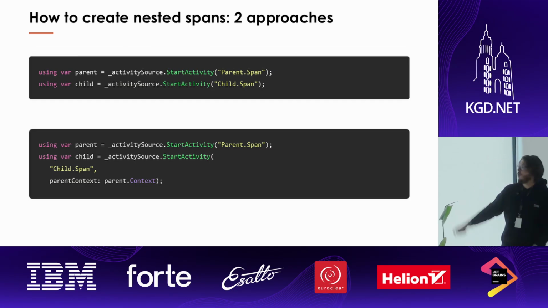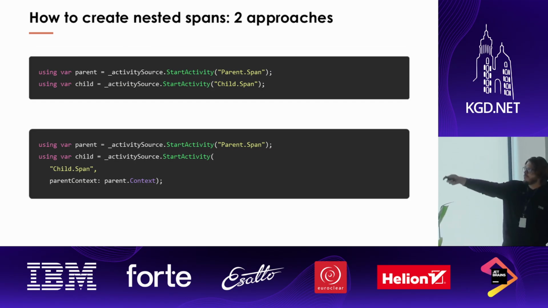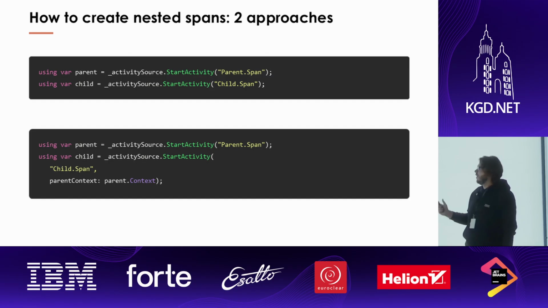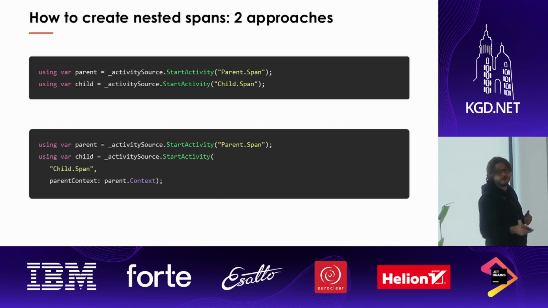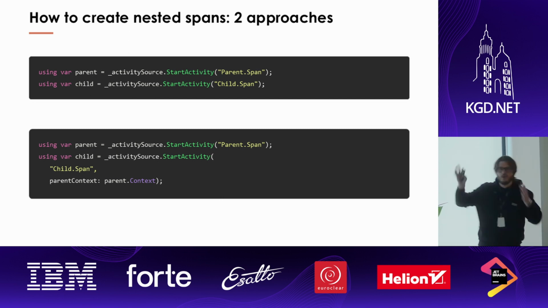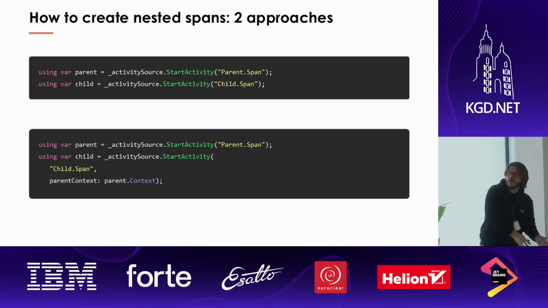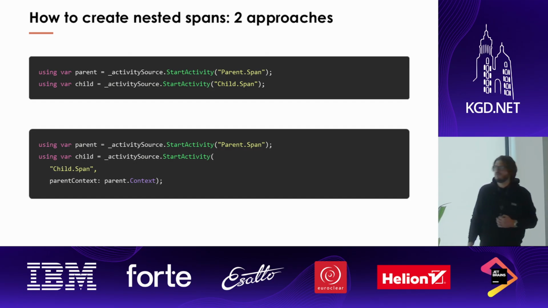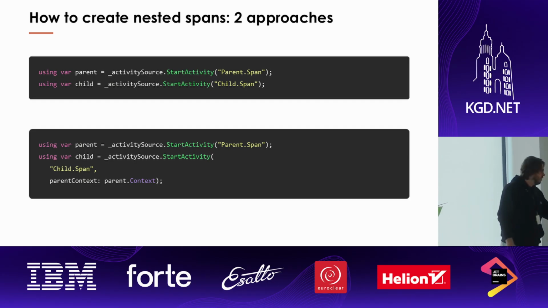First, you can create the parent activity first, and then inside the using of the parent, you can create a child one. And the .NET library will automatically understand that one of them is a child of the other. Or you can do it manually if you want, but I don't think that you want to.